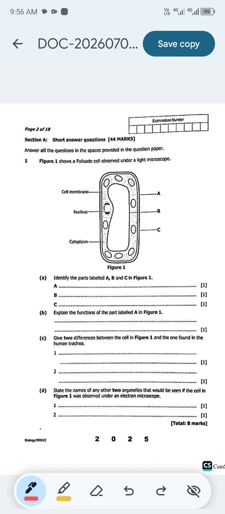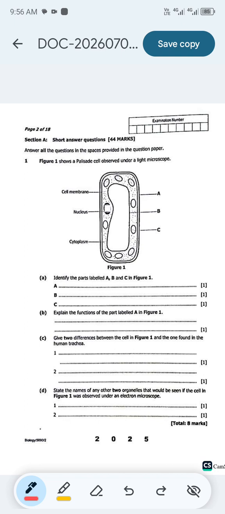One thing you should be very careful about is to read the statement clearly. Figure 1 shows a palisade cell observed under a light microscope, and the figure has been displayed here with labeled letters A, B, and C, and other structures like the cell membrane, the nucleus, the cytoplasm.